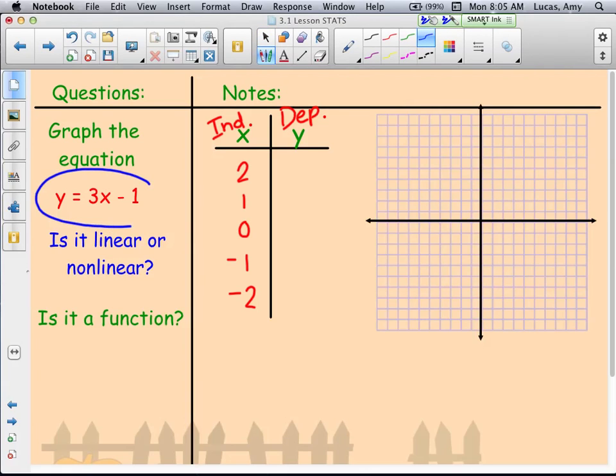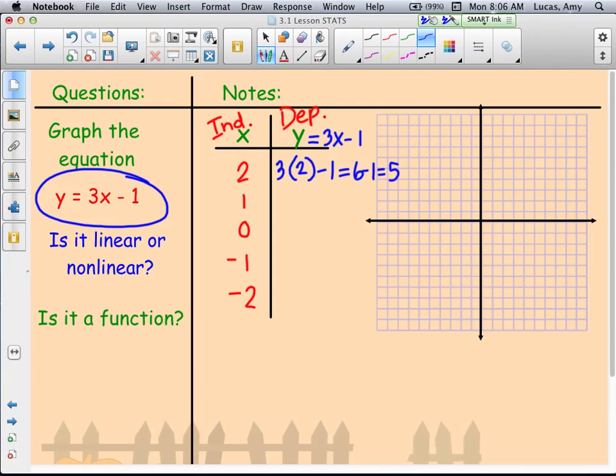So my equation says that y is equal to 3x minus 1. So where the variable x is, I'm first plugging in my 2. So 3 times 2 minus 1. You have to make sure you're following the order of operations here. 3 times 2 is 6. 6 minus 1 is 5.